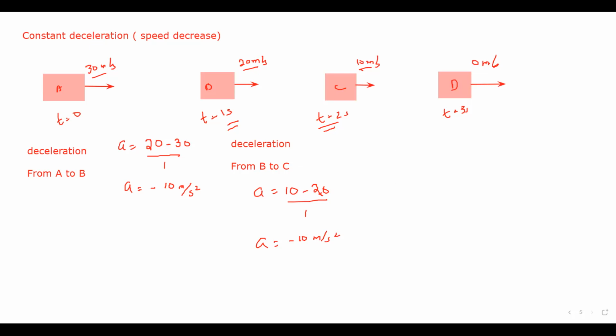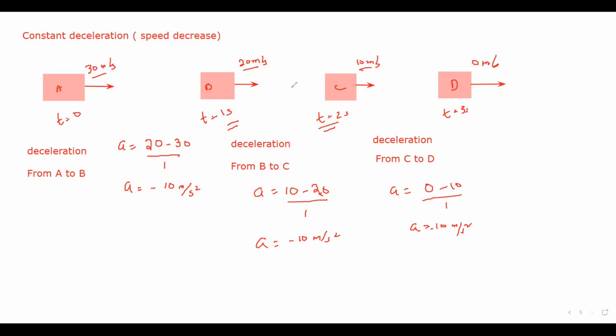And if we calculate the deceleration from C to D, the change in the velocity divided by the time interval, it will be 0 minus 10 divided by the time interval, which is 1. So deceleration will come out as minus 10 meters per second squared.